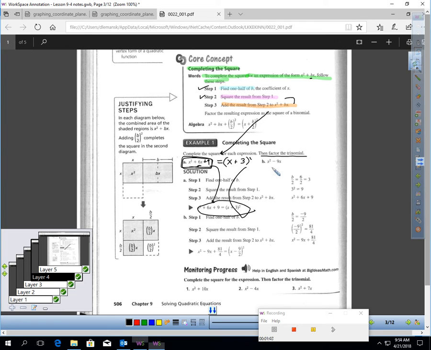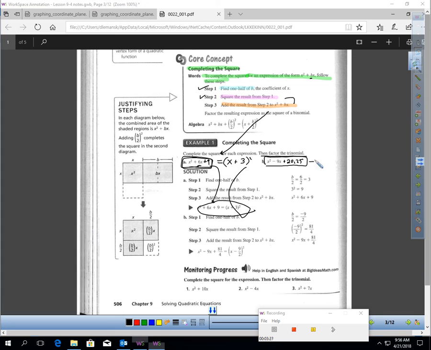Let's go to b. Let's complete the square here. All right. If I take negative 9 and divide by 2, I get negative 4.5. If I take negative 4.5 and square it, I get positive 20.25. Okay, that's a perfect square trinomial.